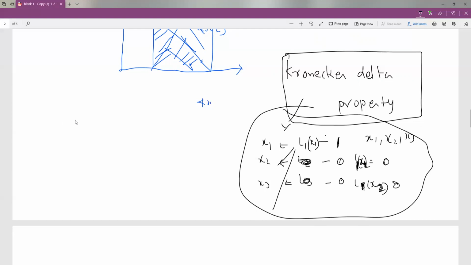Basically, the function L1 should give you unit value at the first node. L1 should give you 0 at the other nodes.